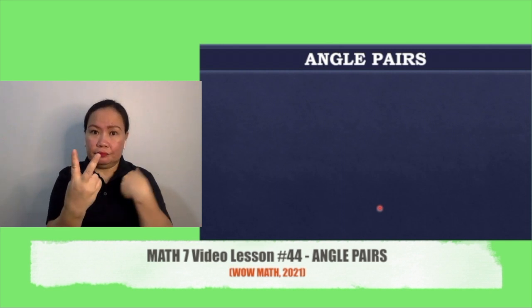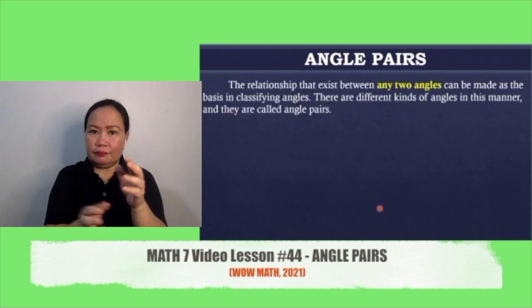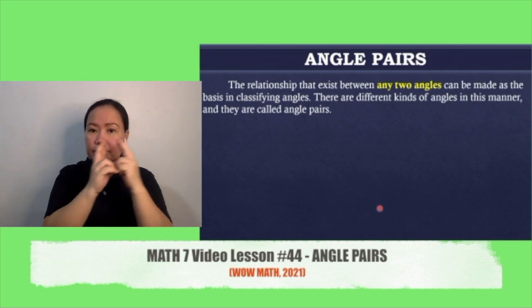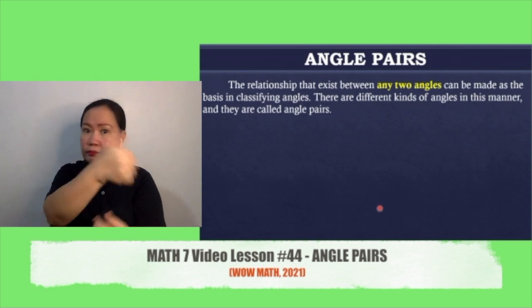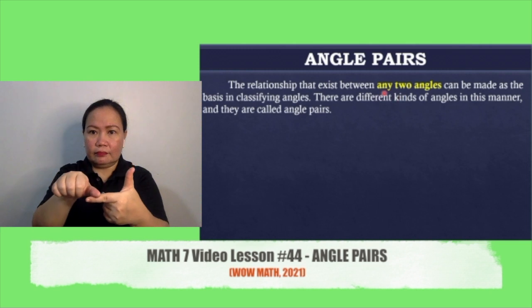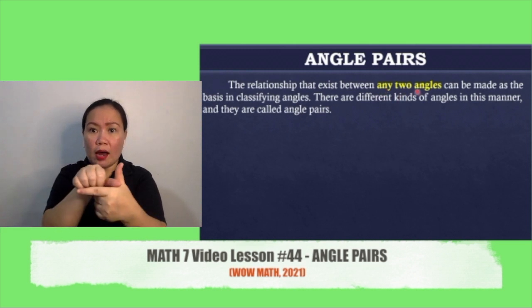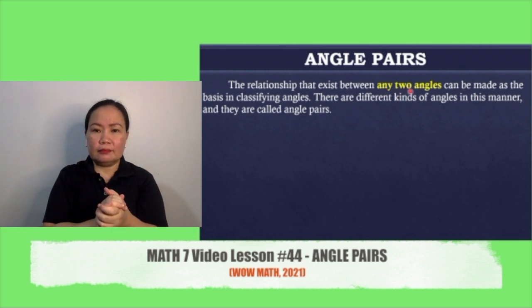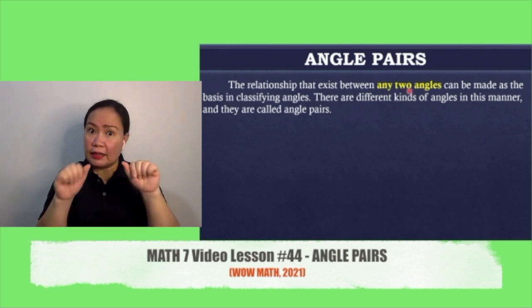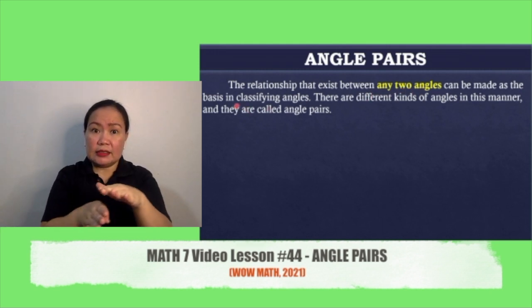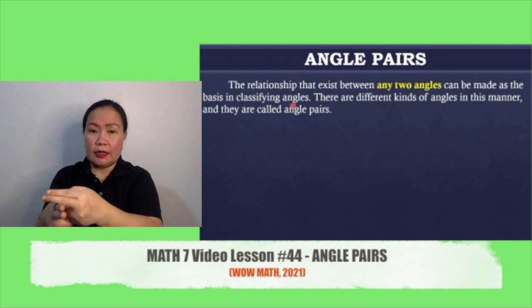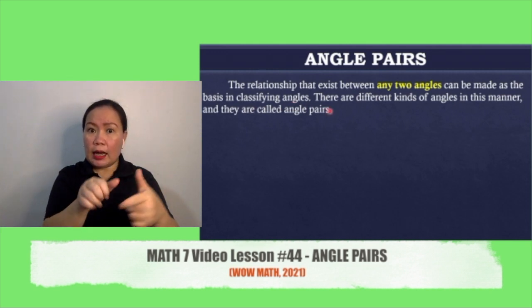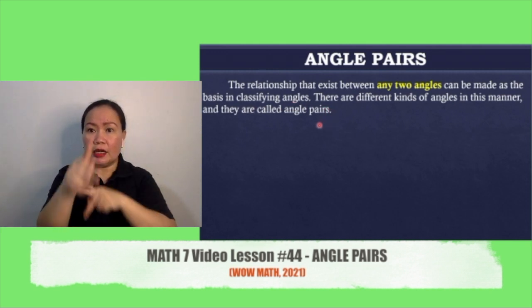Okay? So, an angle pair is the relationship that exists between any two angles. So, eto po, binigyan natin ng emphasis na dapat dalawang angles po siya. Okay? Any two angles that can be made as the basis in classifying angles. So, there are different kinds of angles in this manner and they are called angle pairs.